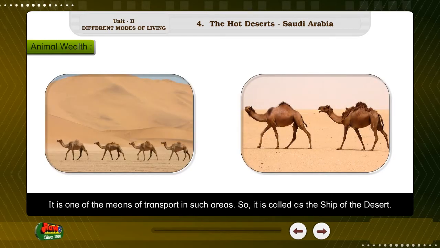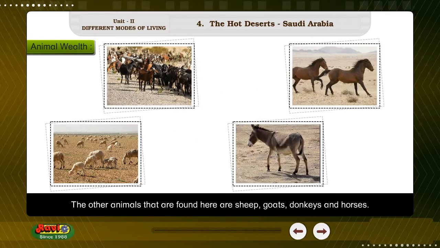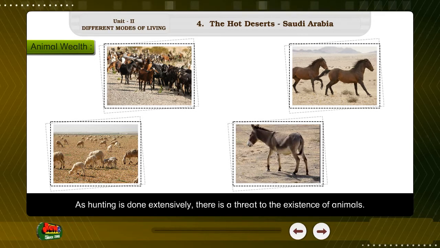It is one of the means of transport in such areas. So, it is called the ship of the desert. The other animals that are found here are sheep, goats, donkeys, and horses. As hunting is done extensively, there is a threat to the existence of animals.